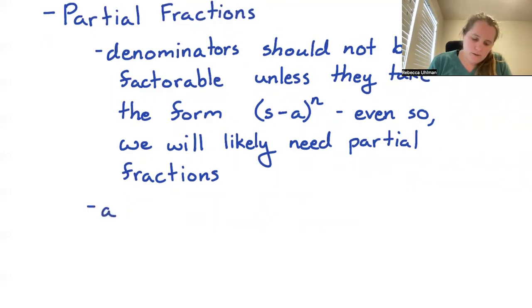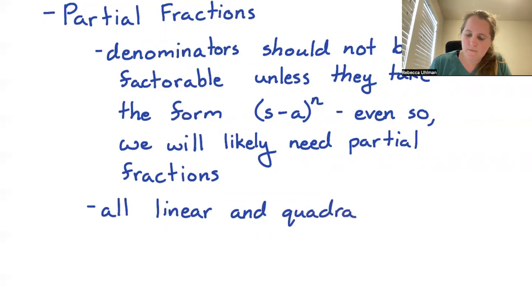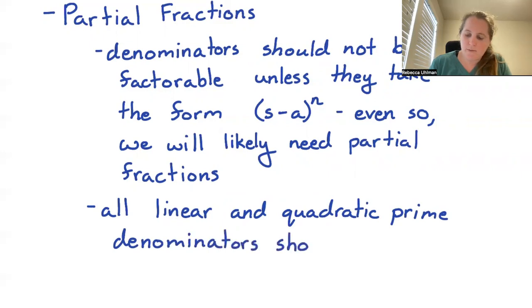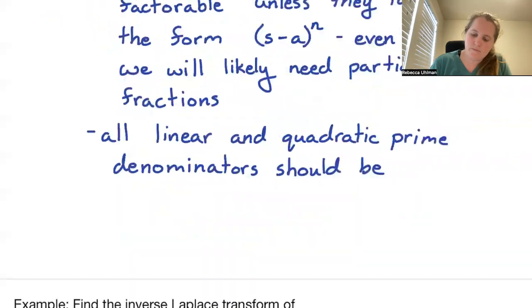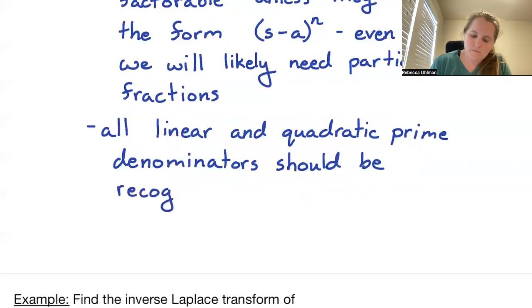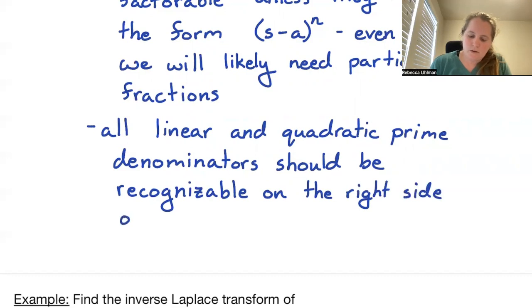So all linear and quadratic prime denominators should be recognizable on the right side of the table.